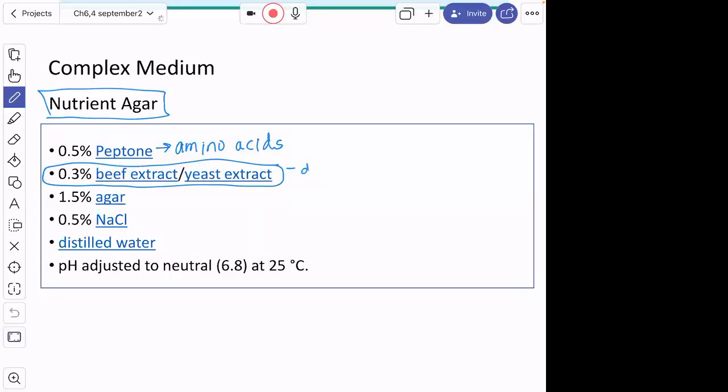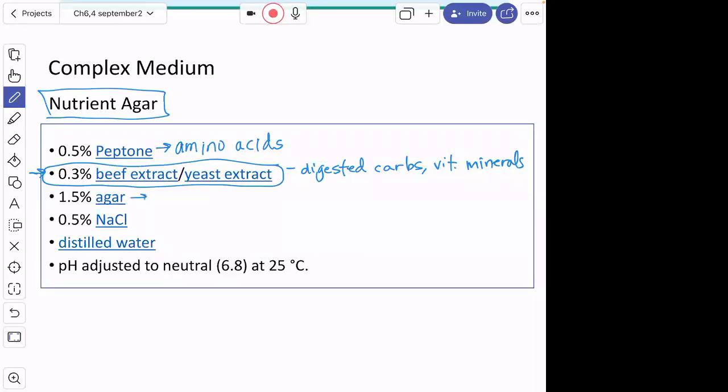Okay, so basically digested carbohydrates, vitamins, minerals. It's just a whole slew of things. We don't know exactly how much. Okay, so that's what makes a complex media complex. It has some kind of extract in it. It might be soy extract, it might be yeast extract. Something that has just had all the nutrients released from it.